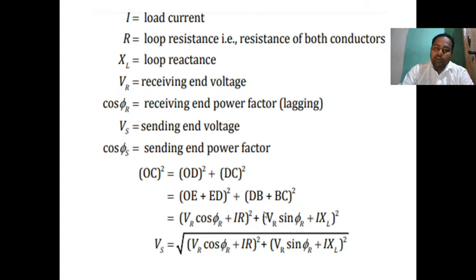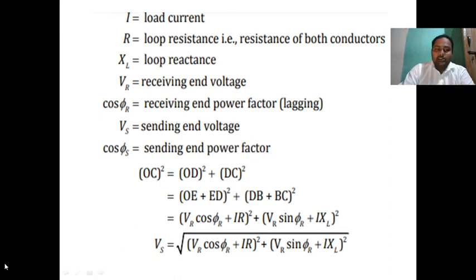Plus DB, the vertical component, that is VR sin phi r, plus BC. The value of BC is the inductive drop IXL. So Vs, which is OC, is equal to the root of (VR cos phi r plus IR) whole square plus (VR sin phi r plus IXL) whole square.